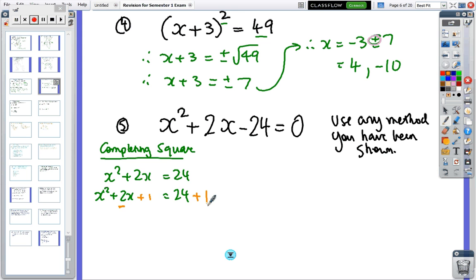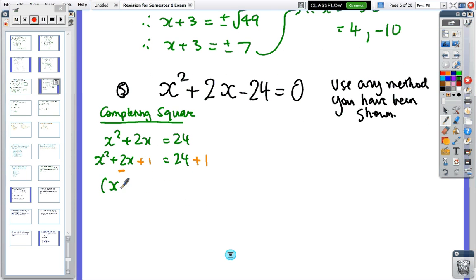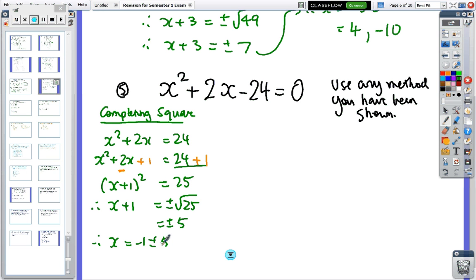So we add 1 on both sides. So the perfect square is x plus 1 squared equals 25, 24 plus 1. So x plus 1 equals plus or minus the square root of 25, which is plus or minus 5. So x equals minus 1 plus or minus 5, which is 4 and negative 6. Minus 1 plus 5 is 4, minus 1 minus 5 is minus 6.